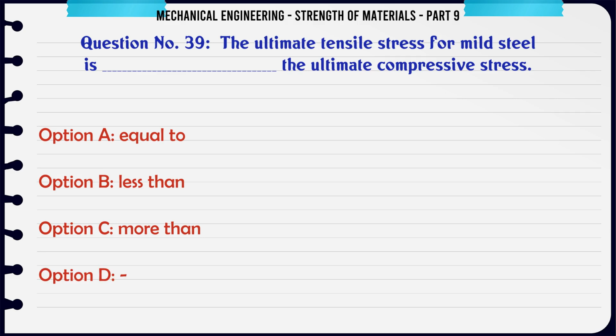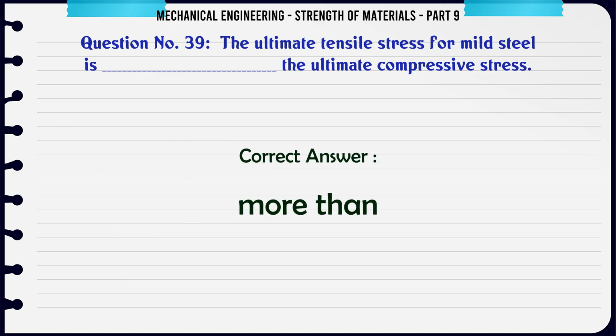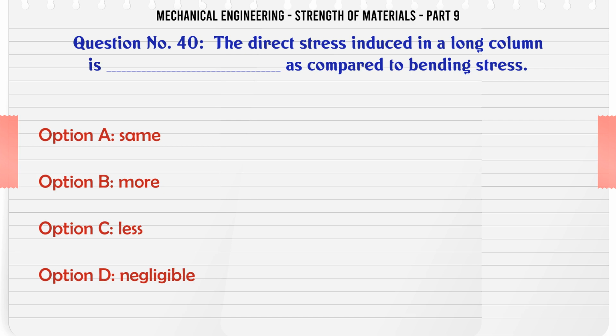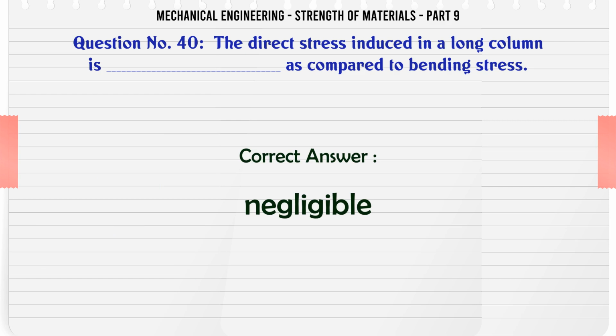A, equal to, B, less than, C, more than. The correct answer is more than. The direct stress induced in a long column is as compared to bending stress. A, same, B, more, C, less, D, negligible. The correct answer is negligible.